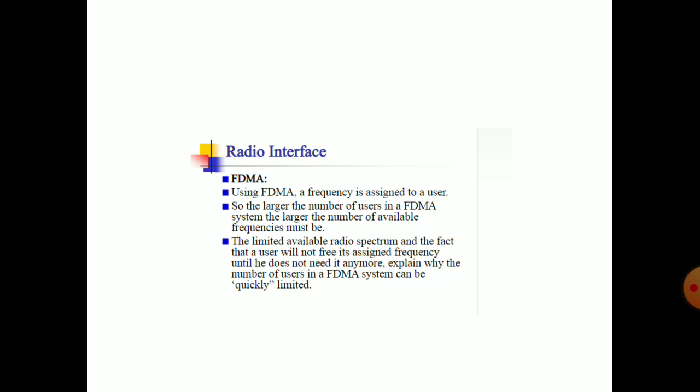FDMA is frequency division multiple access. Its main aim is to provide a frequency assigned to each user. Any user making a call requires some frequency.